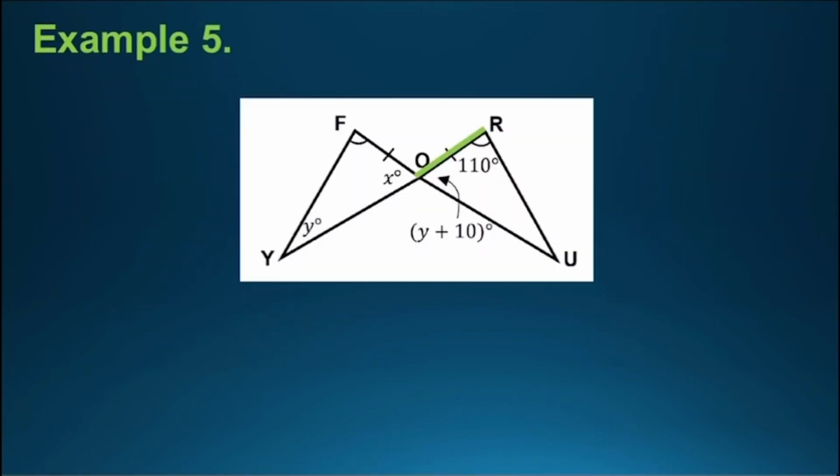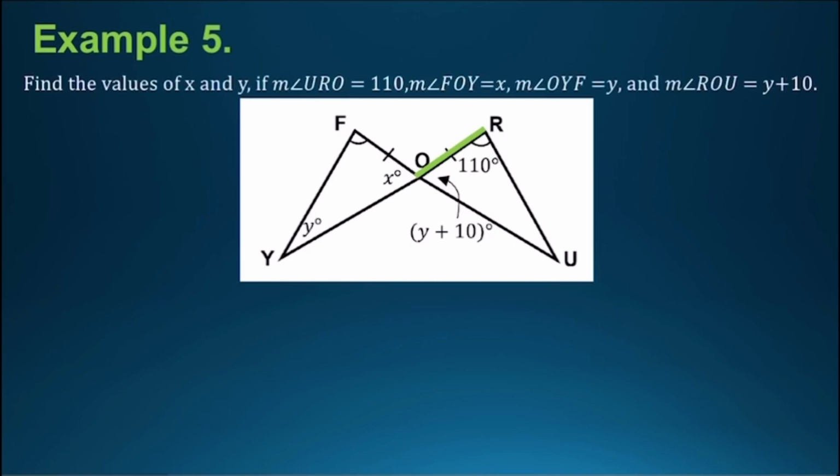Next, for our example number 5, our last example: find the values of x and y if the degree measure of angle URO is equal to 110, the degree measure of angle FOY is equal to x, the degree measure of angle OYF is equal to y, and the degree measure of angle ROU is equal to y plus 10.